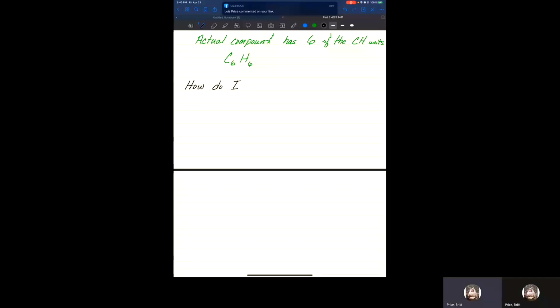How do I find an empirical formula? Question mark, question mark. Okay. Now we did it a couple of ways. Ultimately what you need to have is masses of the components in the compound that you can change into moles.